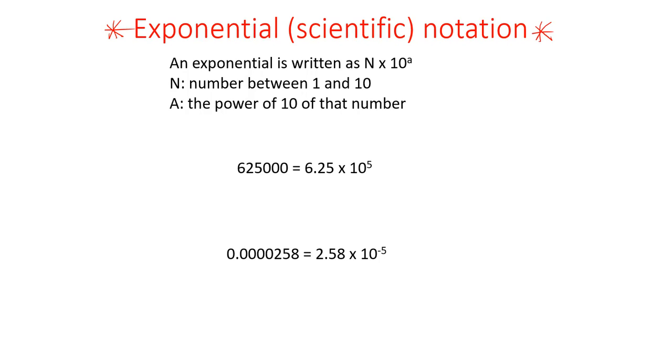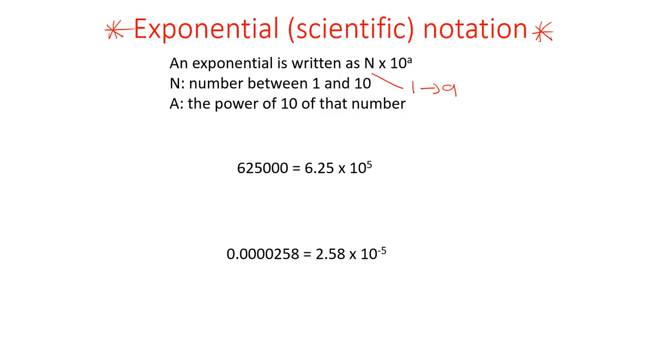So an exponential is a number. You are given a number between 1 and 10, not including 10. So we'll say a value between 1 to 9, not including 10.